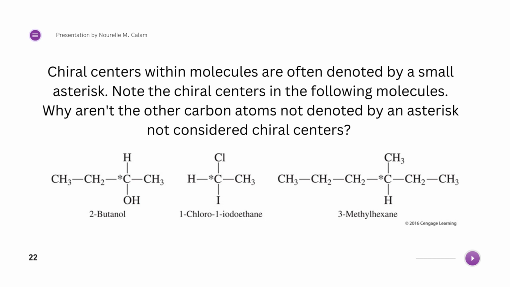So I want you to determine the answer on your own. Try to look for the groups attached to those carbons and see if they satisfy the four different groups condition for determining whether or not that carbon is chiral.